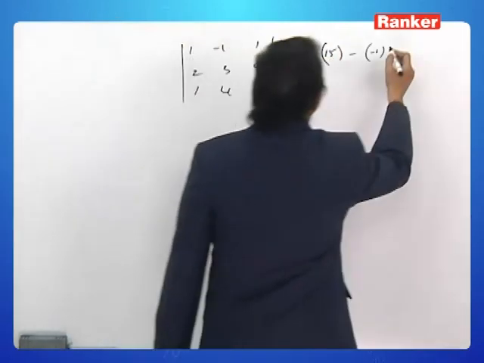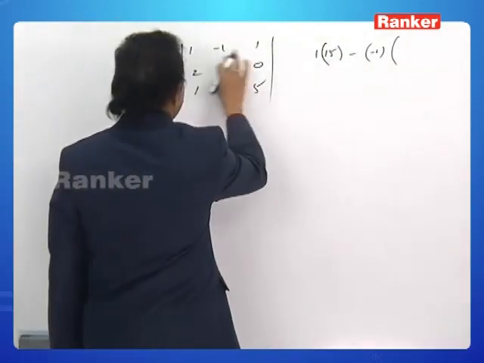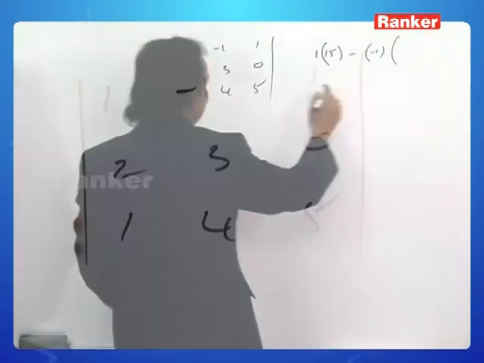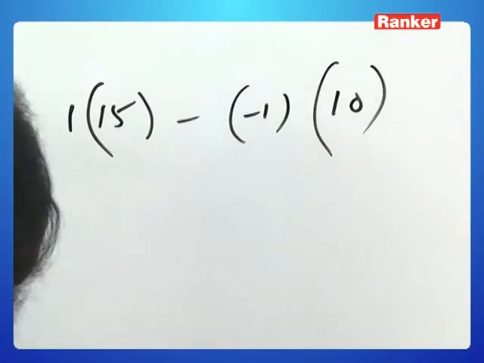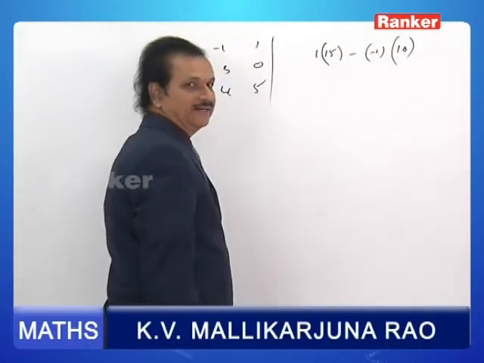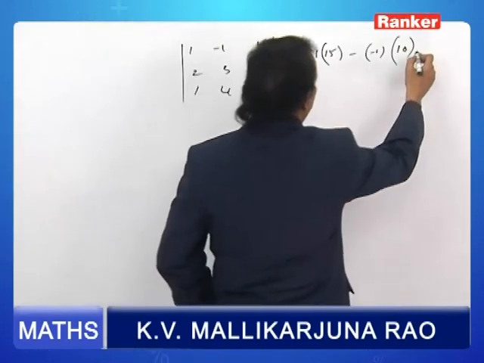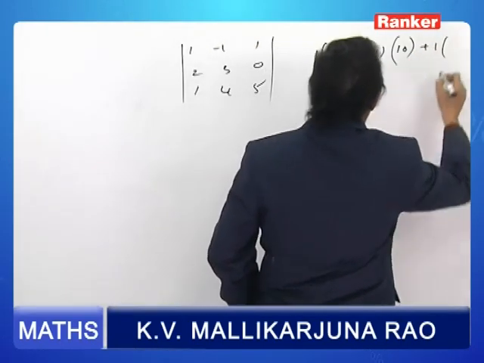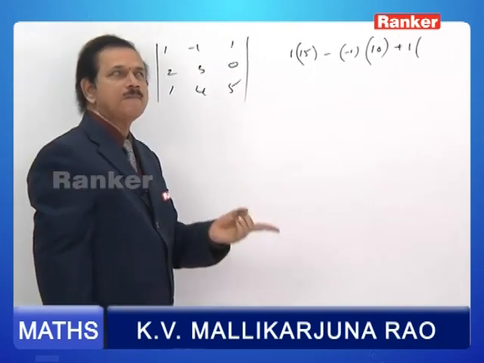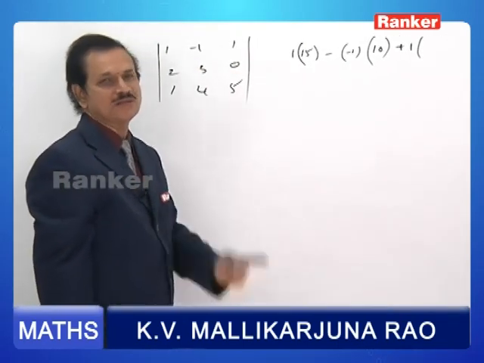Into its cofactor. Delete the first row and second column: 2, 0, 1, 5. 10 minus 0 is 10. And then the third element, plus 1 into. You have moved with plus sign. Why? Because first row, third column, 1 plus 3, -1 whole power 4 is plus.